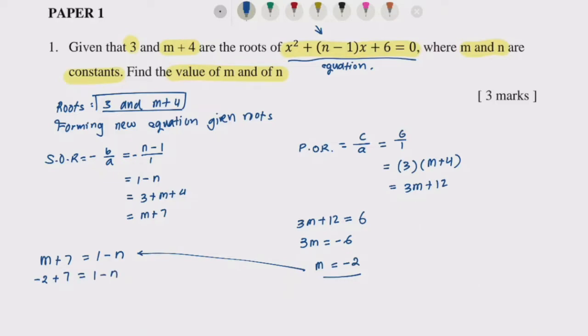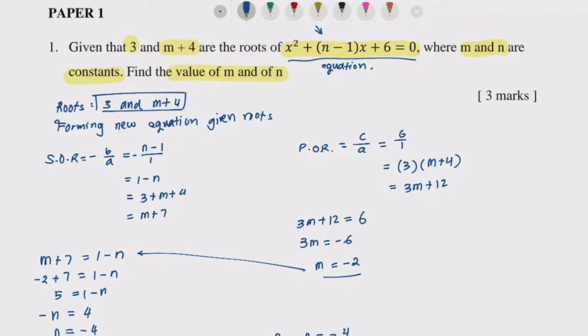When you solve this, you get 5 equals 1 minus n, so negative n equals 4 and n is equal to negative 4. So in conclusion, your answer will be m equals negative 2 and n equals negative 4.